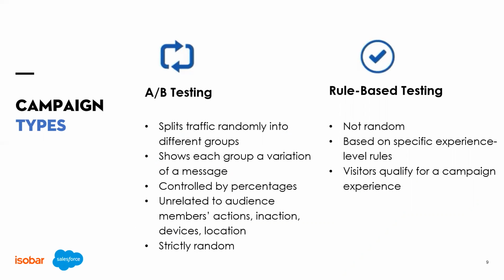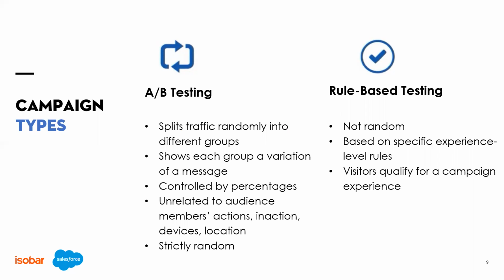From a campaign type perspective, like how you can set it up, you can set up campaigns either for A/B testing. This will be strictly random selection of the audience. So you let the system choose randomly who will see your campaign, whom it will reach.